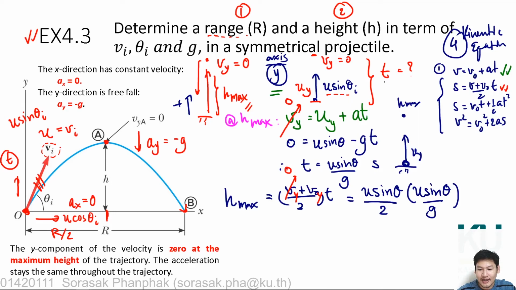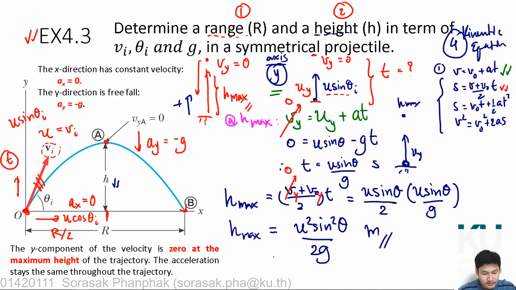So finally you get H max. Your H max here is u squared sine squared theta over 2g. Now you can find the maximum height H as u squared sine squared over 2g.